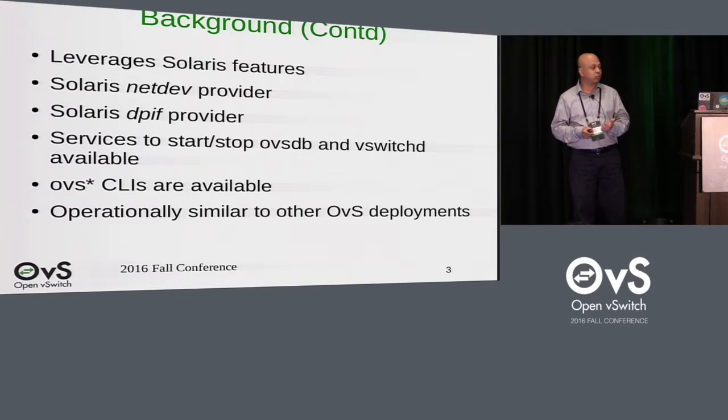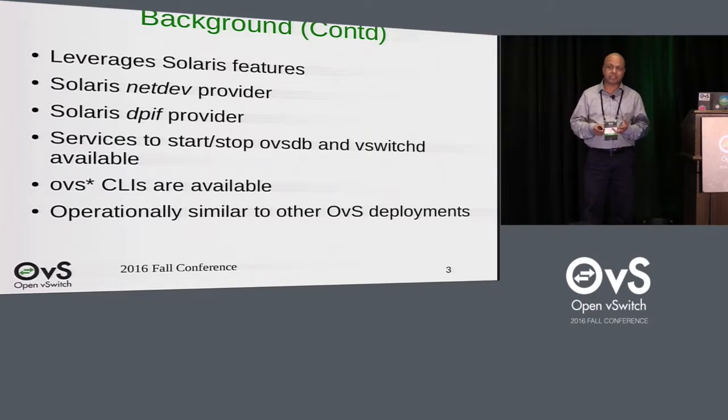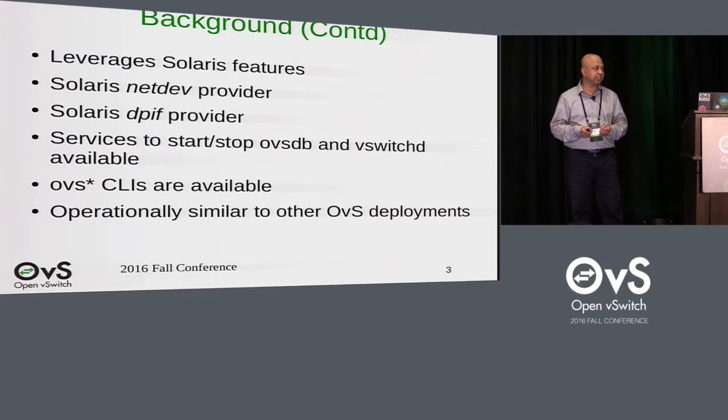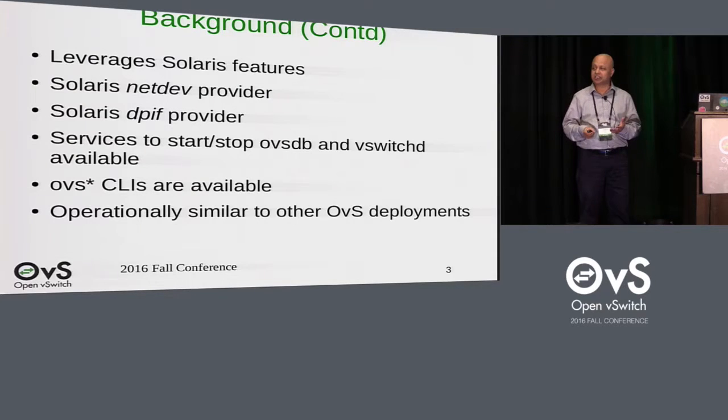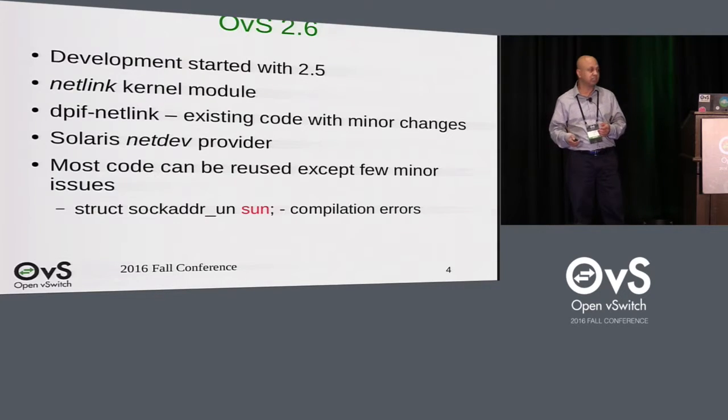We have a NetDev provider for Solaris, and a dpif provider for Solaris, and then the SMF services are integrated into Solaris to start and stop the OVS DB and vswitchd services. The OVS commands are pretty much the same, so operationally it's similar. If you know one, then you know them all.